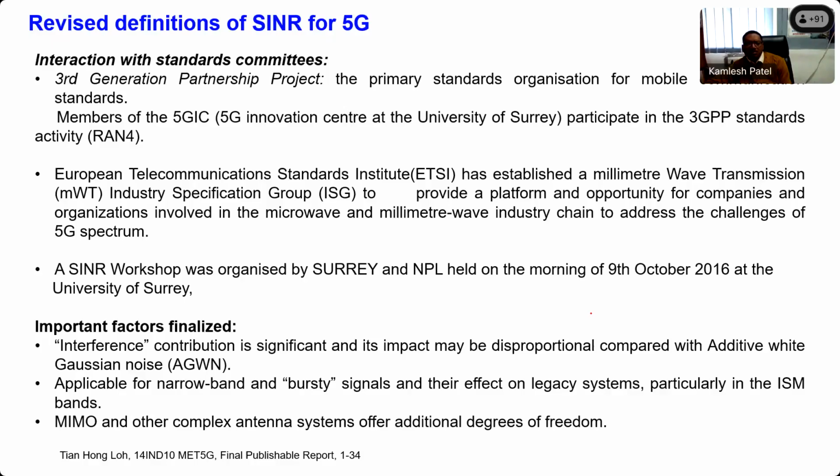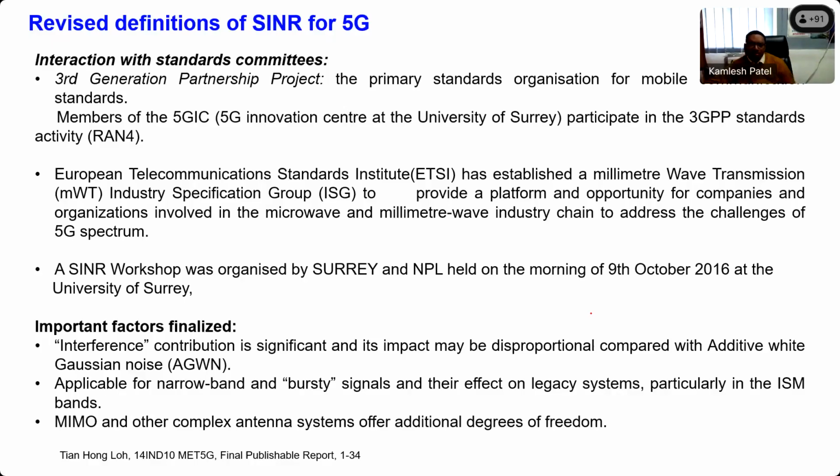Number two is the European Telecommunications Standards Institute, which established a new group, the Industry Specification Group. The third is made between the University of Surrey and the NPL UK. So these three different groups have combined together and they have given the new definition for the SINR.